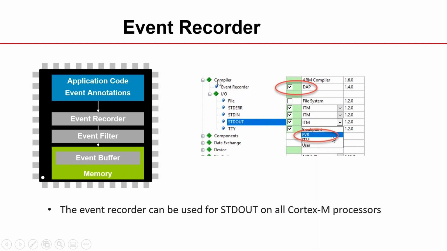So here in our compiler section, we now enable the event recorder. We configure it in a similar fashion to the micro trace buffer, and then for our standard out channel, we can set that to the event recorder. So now when we do printf, it will be sent up to the console window of the debugger.